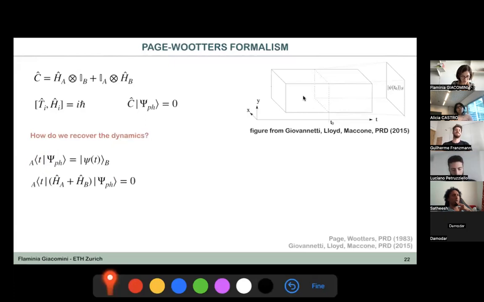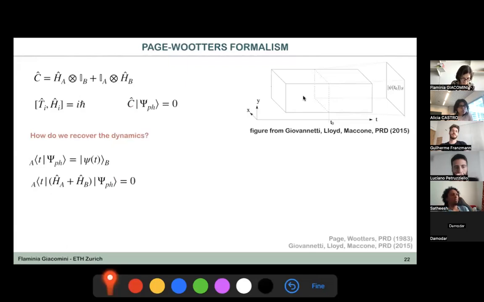When we take the scalar product of the physical state with some time t for clock A, we find the state of clock B at the time t as told by clock A. So let's take the physical state, C psi equal to 0, and let us condition it with this time t for clock A.